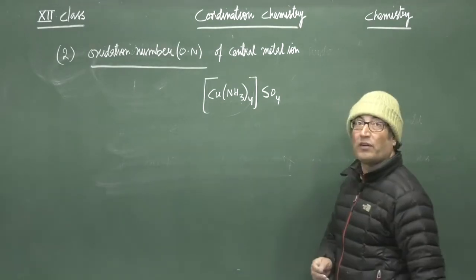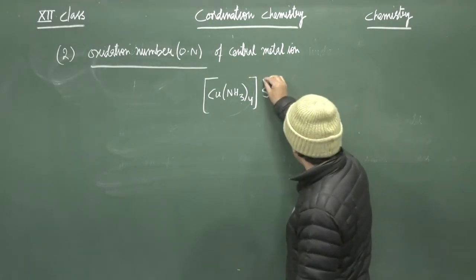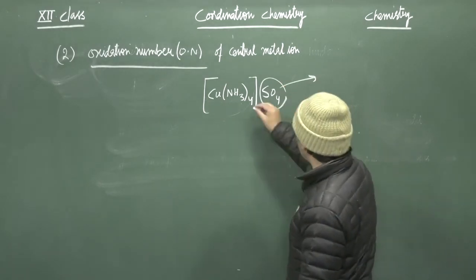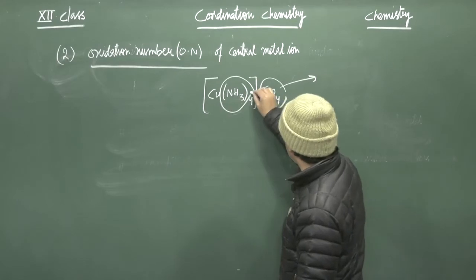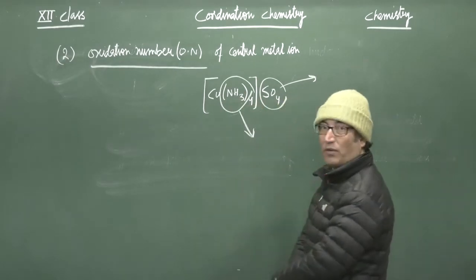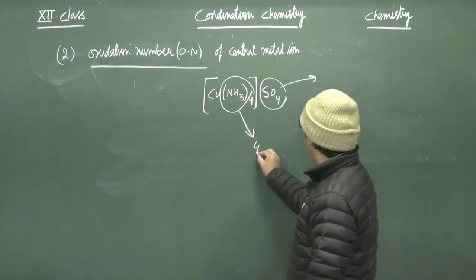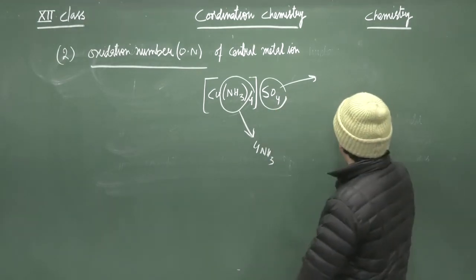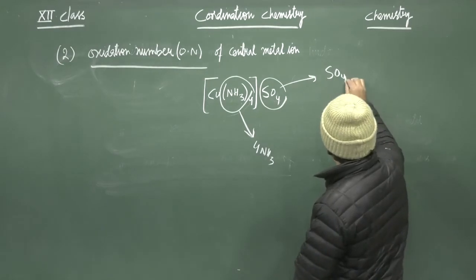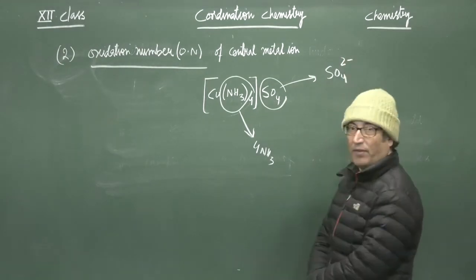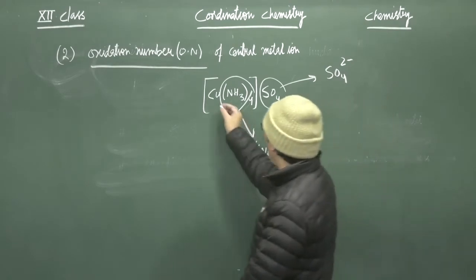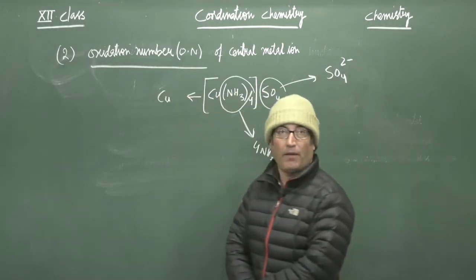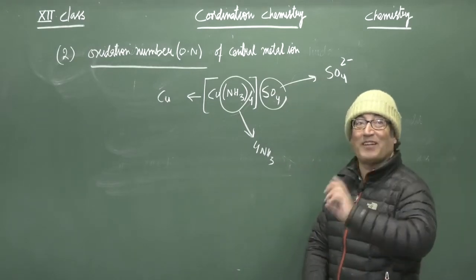Now how do you define this oxidation number? If you remove from this coordination compound all these species, the 4 ammonia molecules, you remove them as neutral molecules. The sulfate will be removed as sulfate has a charge of -2. What will be left behind? Only copper. And how much will be the residual charge on copper?